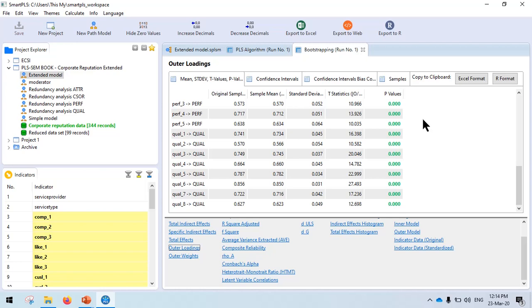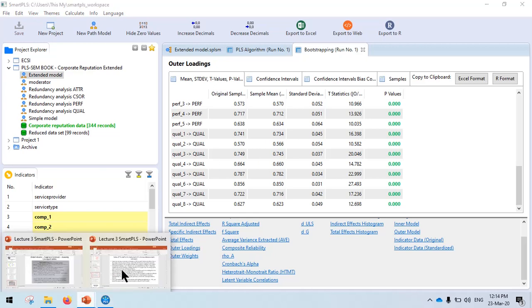Last, I would like to give you some rules of thumb for the evaluation of formative measurement models. To assess the formative construct convergent validity, examine its correlation with an alternative measure of the construct using reflective measures, a global single item, or redundancy analysis; the correlation between the constructs should be 0.70 or higher.